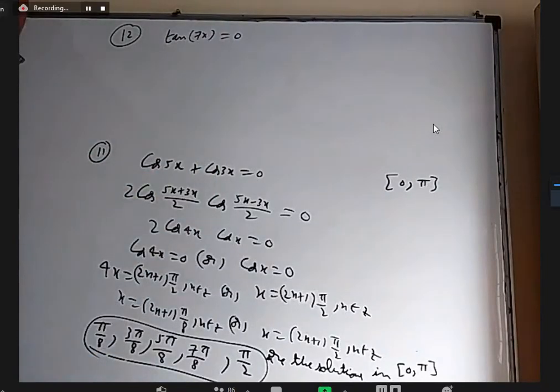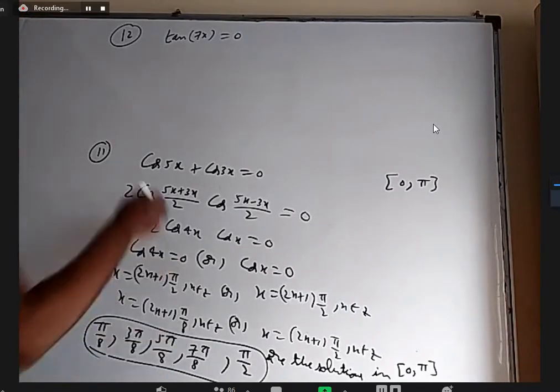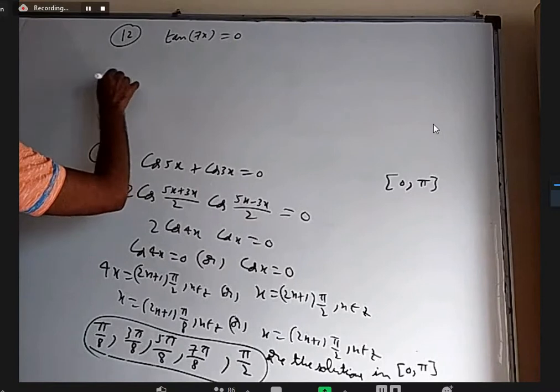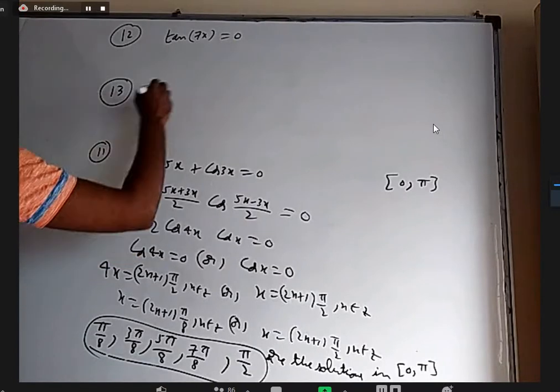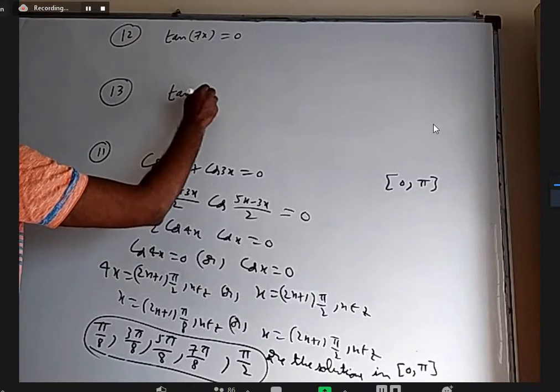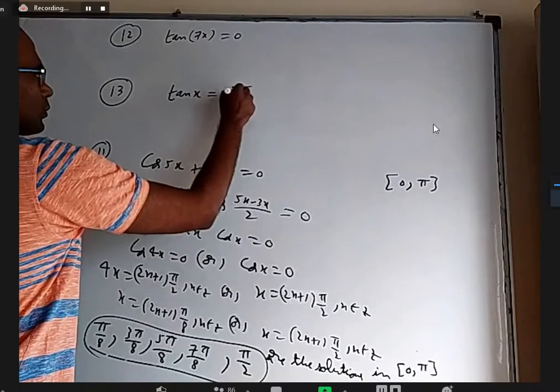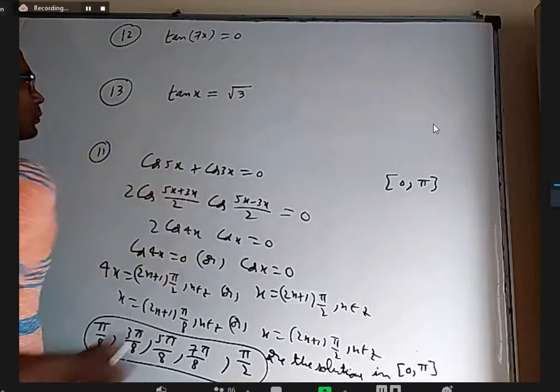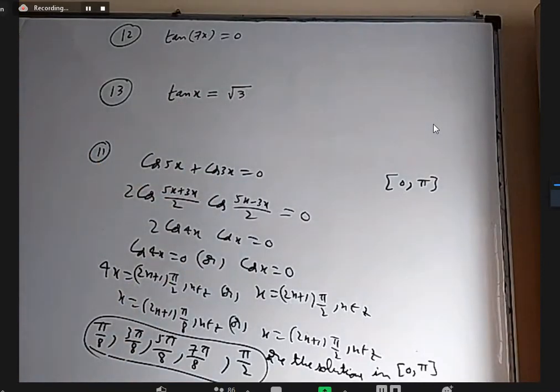Okay, tan 7x equal to 0. You have to just write general solution. Sir, n pi by 7.